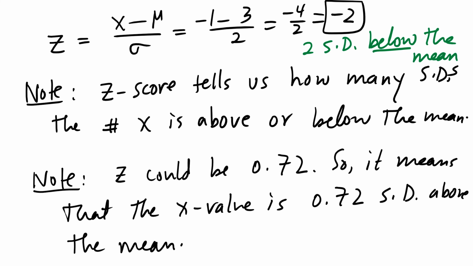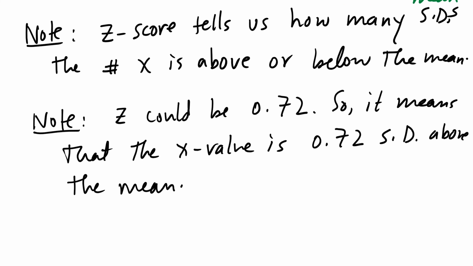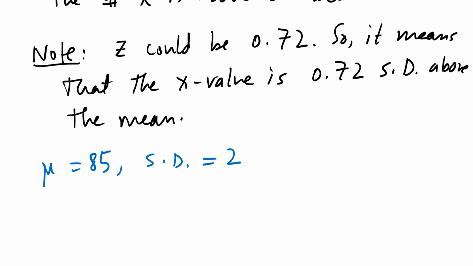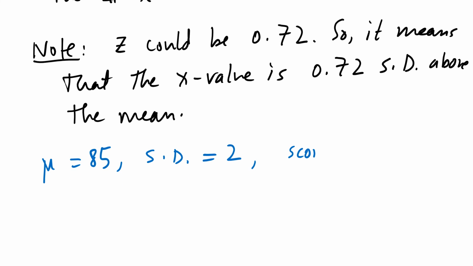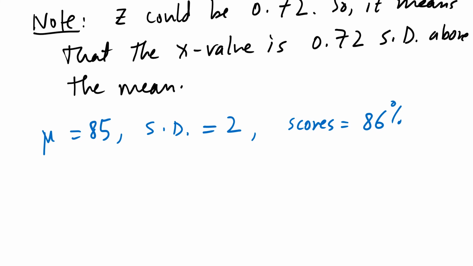So, another quick example here. Let's say the mean on a math test is 85 for the whole class, and the standard deviation was 2. And let's say someone scores 86%. So what do we need to do here? We are going to standardize his grade, the 86%.